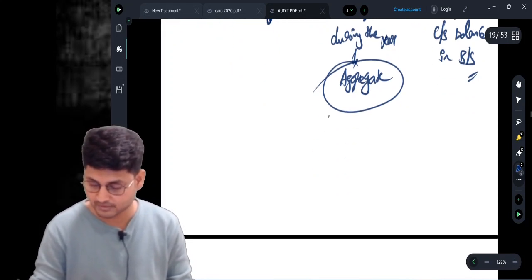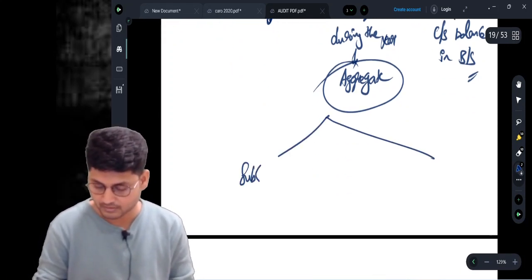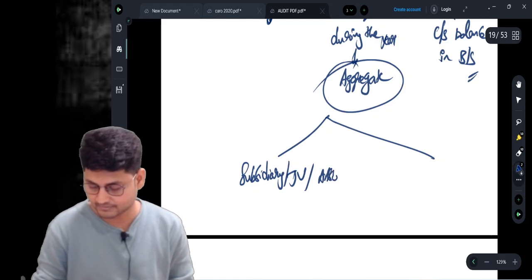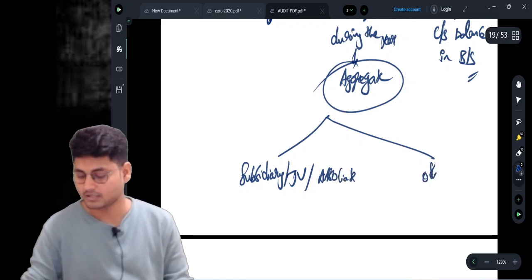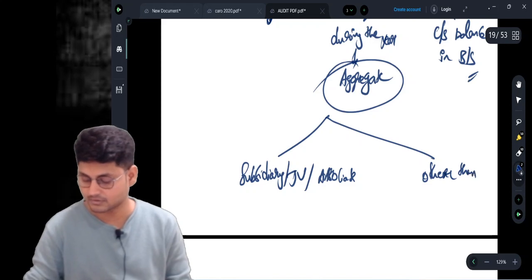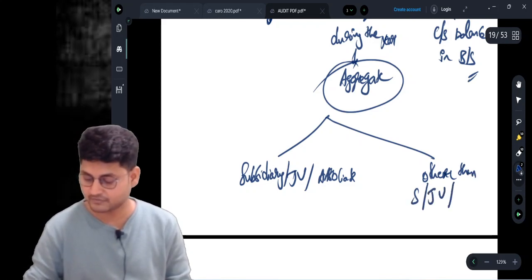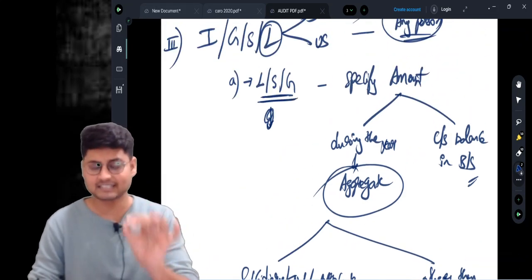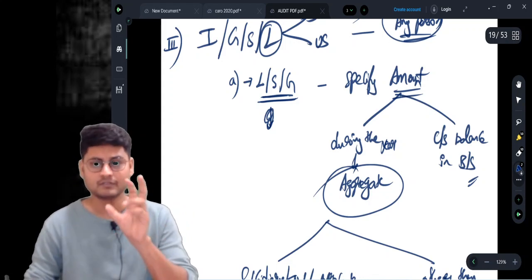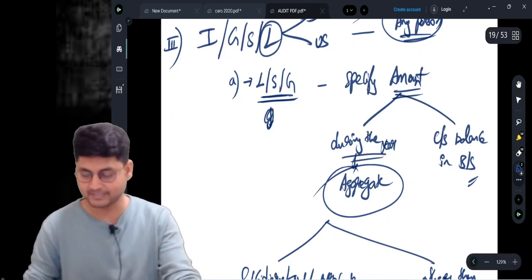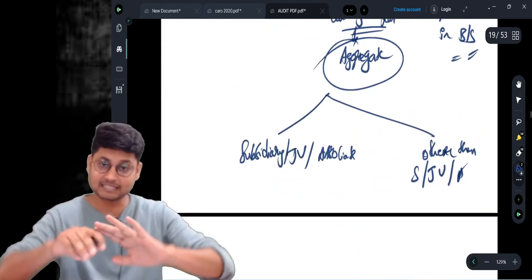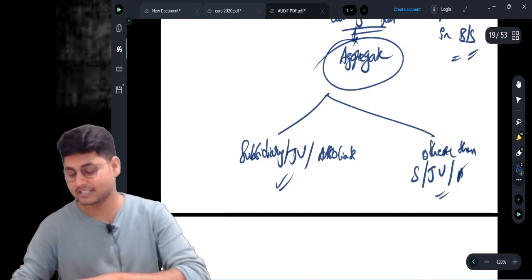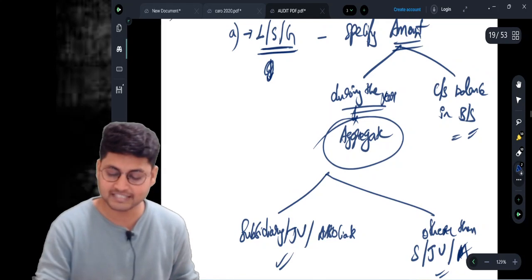Write it separately for subsidiary, joint venture or associates, and other than subsidiary, joint venture, associates. So if the loans, securities or guarantees are given, then specify the amount. During the year, how much is it made, and closing balance, and these amounts shall be separately shown for subsidiary, joint venture and associate, and other than subsidiary, joint venture and associate. With this, clause number A is over out of 6.